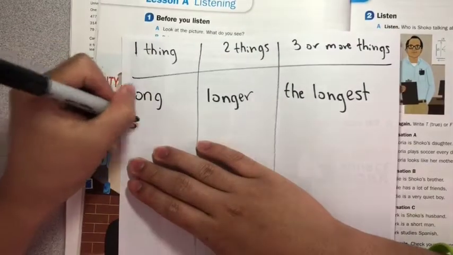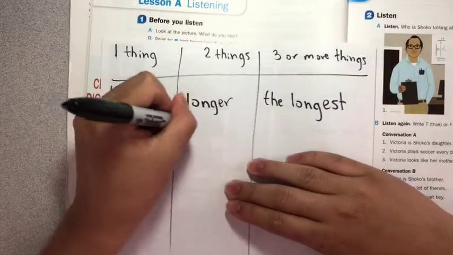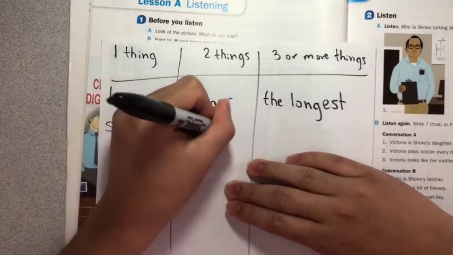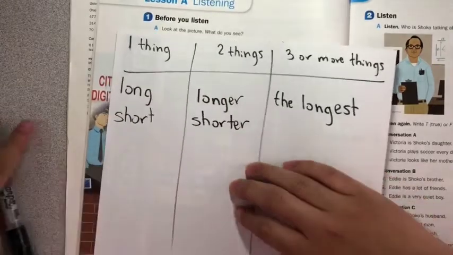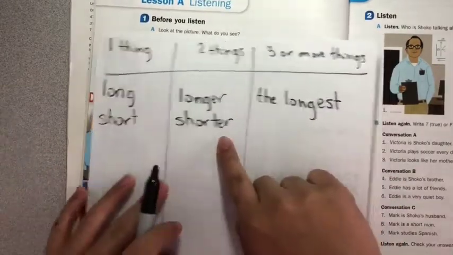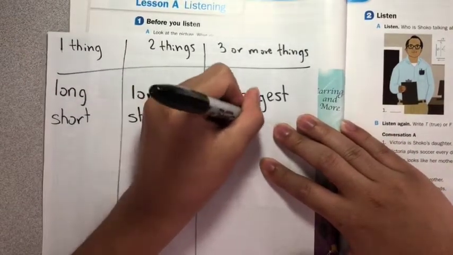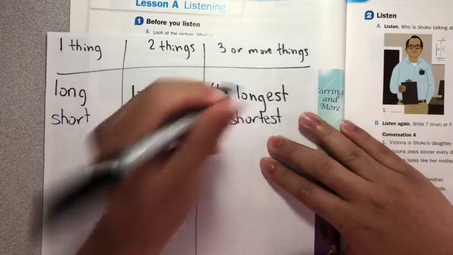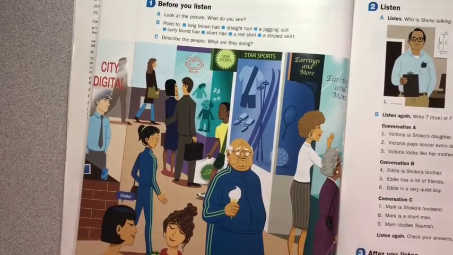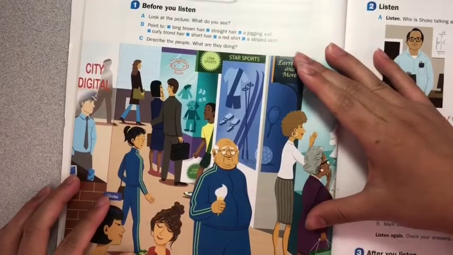And then we have short hair. Then we have shorter, because short is one syllable, short. So we write shorter and the shortest. Let's see. Who has the shortest hair here?